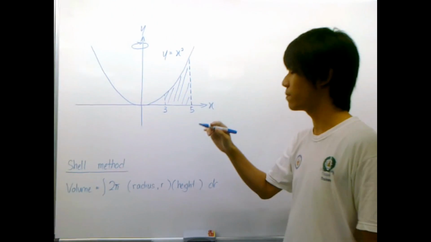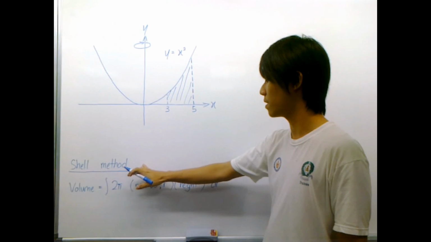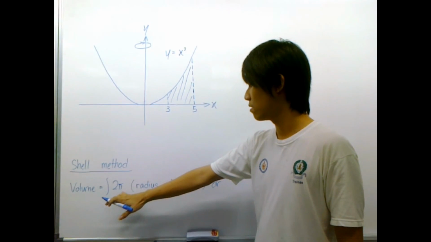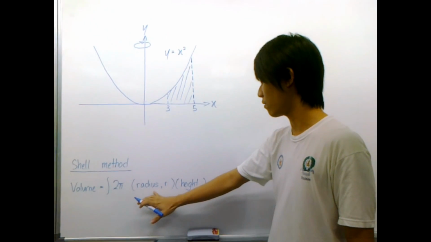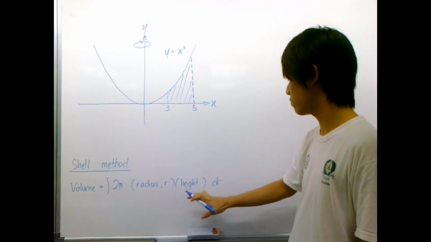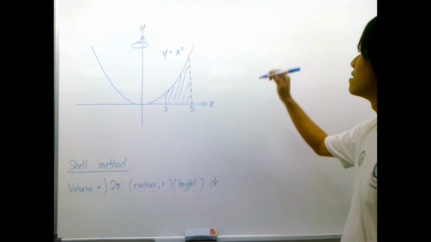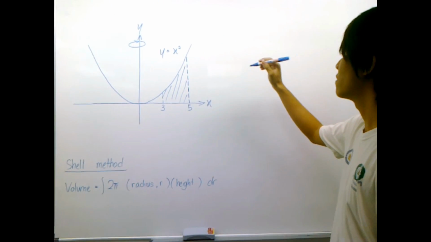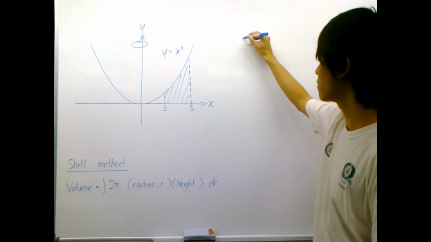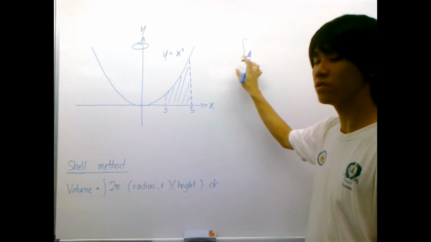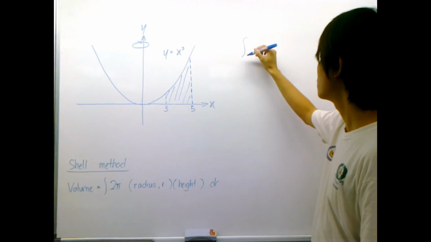As we recall from the previous part, the formula for the shell method is to integrate 2 pi radius height with respect to r. So here it goes. We're going to integrate with the limits 3 to 5.